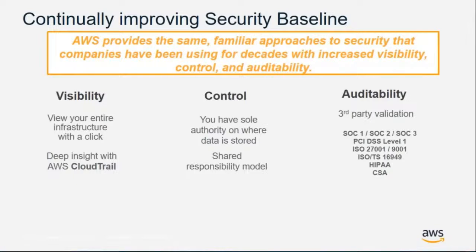This level of transparency is extremely difficult, if not impossible, to achieve on premises. So AWS has multiple services such as AWS CloudTrail and CloudWatch, which allow you to get deep insights into your infrastructure.